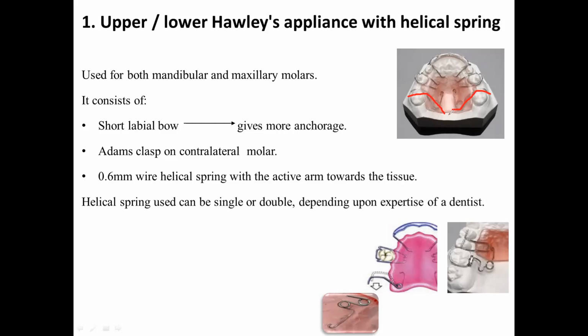These appliances are removable, meaning they can be easily worn or removed by the patient. Instead of a single coil spring, we can also use a double coil spring. But the indication for a double coil spring differs in different conditions, and it also depends upon the expertise of the dentist, how the dentist is going to make it and how the dentist is going to achieve the space back.